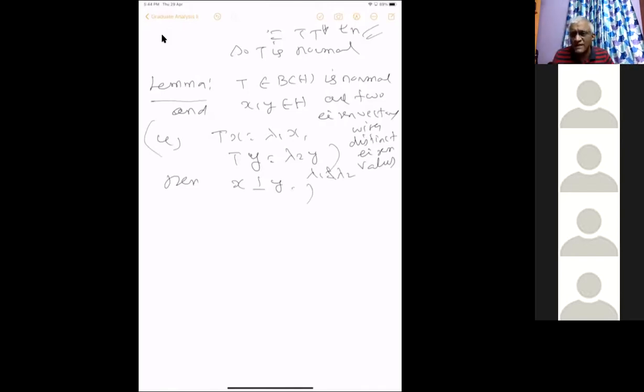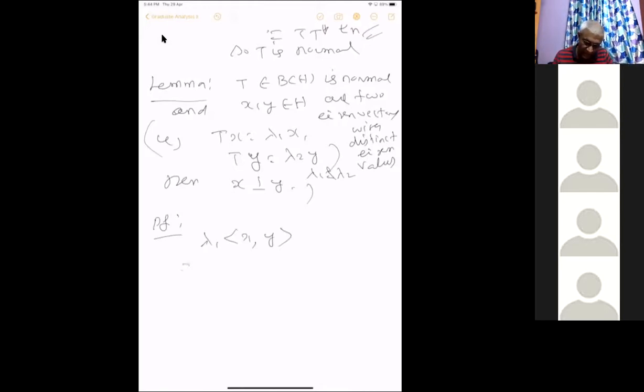I think you must have seen this in linear algebra. It's the same proof. You just have to prove that the inner product is 0, that lambda 1 times this is equal to lambda 2 times this.